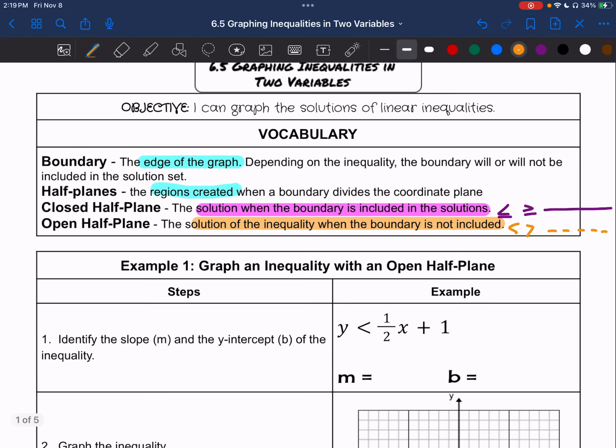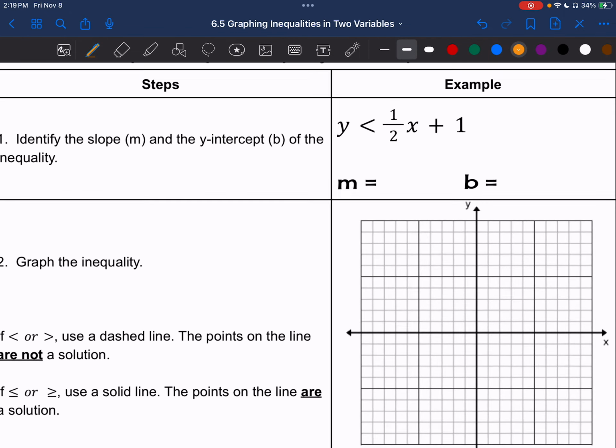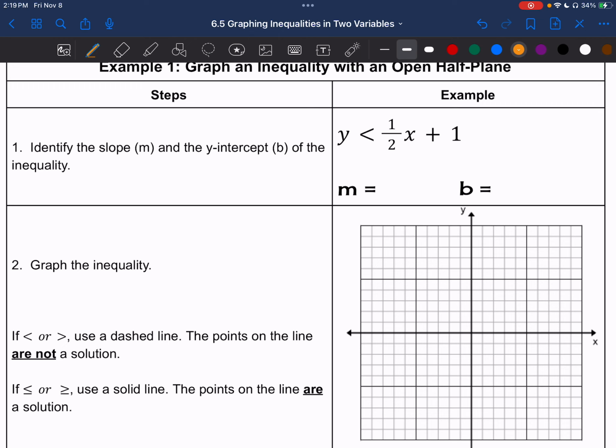So let's walk through the process of graphing an inequality with an open half plane. The first thing we need to do is identify the slope and the y-intercept of this inequality. My slope is 1/2, my y-intercept is +1.